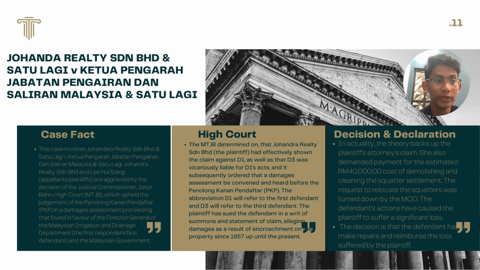The abbreviation D1 will refer to the first defendant and D3 will refer to the third defendant. The plaintiff has sued the defendant in a writ of summons and statement of claim alleging damage as a result of encroachment on the property since 1957 up until the present.